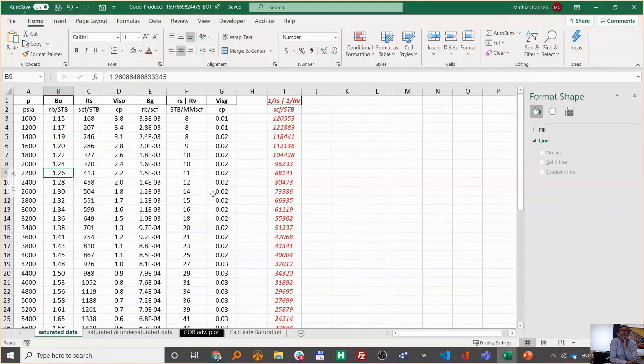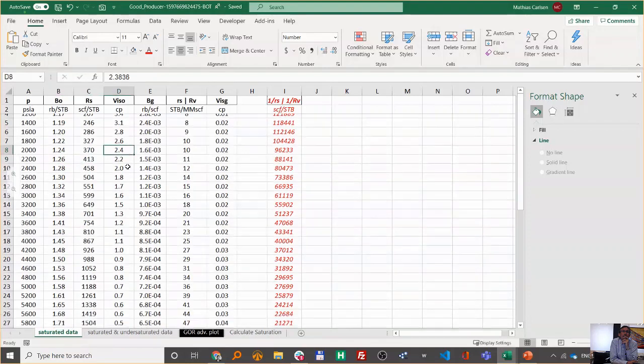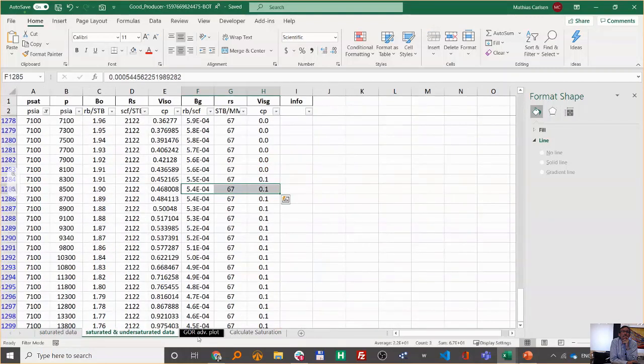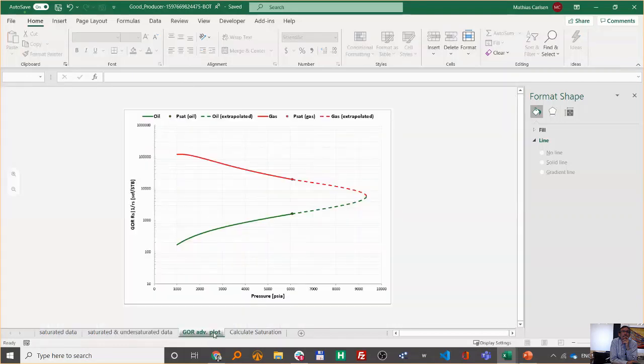In this black oil table that is provided in Excel format, we have 4 different sheets that are not hidden. There's the saturated part of the PVT table, just in tabulated format. We have the saturated and undersaturated part of the table that we'll get back to, and we have this advanced plot that we'll use graphically in the first part of the exercise.